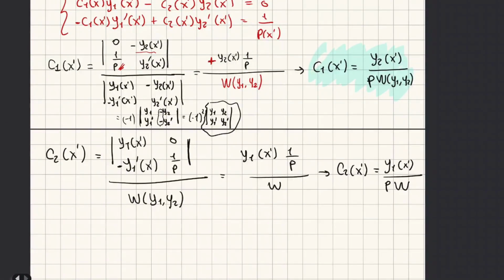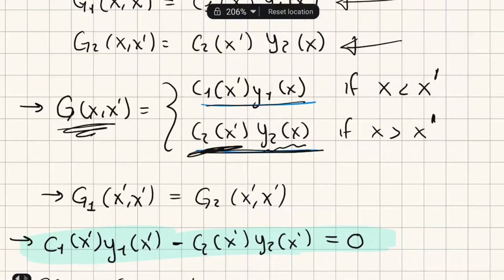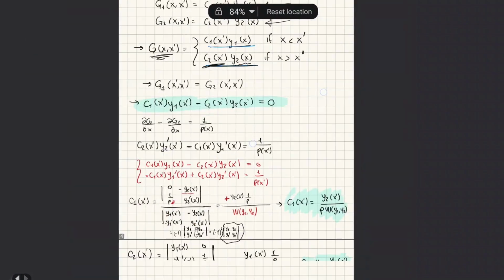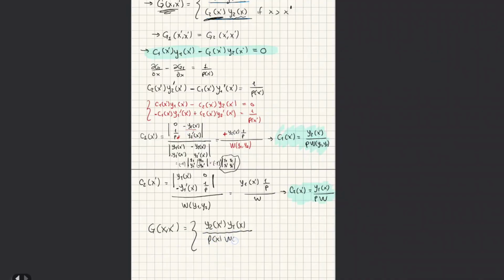So from here, now we are able to construct the whole Green function. Remember that we defined that the Green function is of this form. So G of x comma x prime is equal to c1 of x prime, which is y2 of x prime times y1 of x, all divided by p of x times W of y1 comma y2, if x is less than x prime.